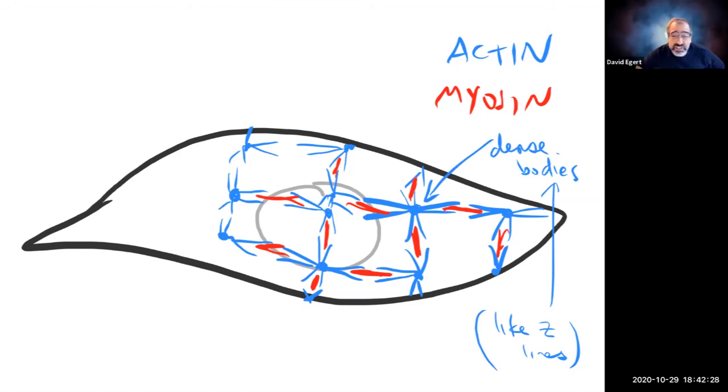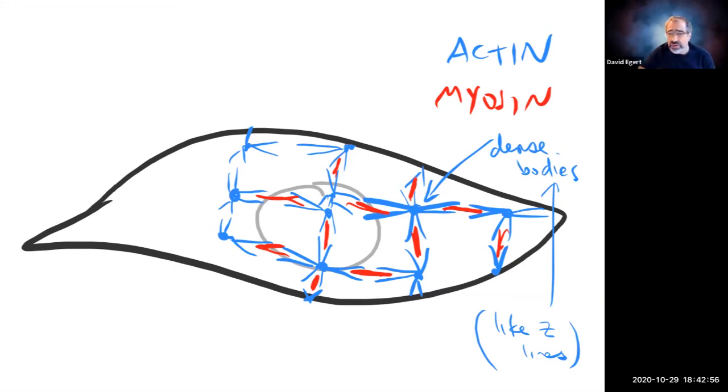But as you can see, when this thing contracts, it's not just getting shorter. It's also going to get bulgier because it's pulling in all these different directions. This is why smooth muscle does not have stripes like striated or skeletal muscle: the actin and the myosin are laid out in this grid rather than alternating in a linear way.